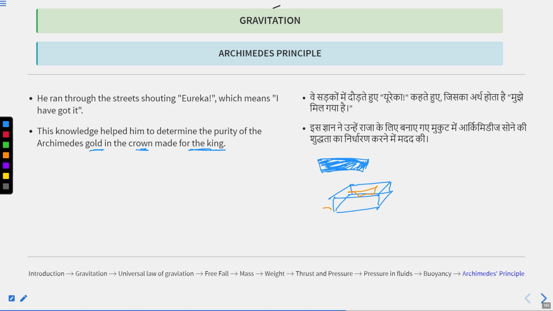The crown will displace water, and the upward force will be equal to the weight of the water displaced by it. When you measure the weight of the water displaced, you can calculate the upward force, and by the upward force you can determine how pure that gold was.